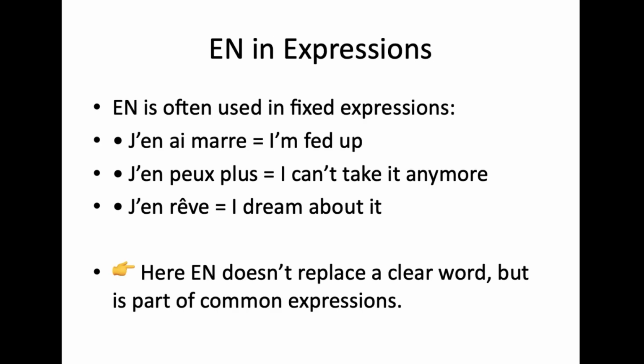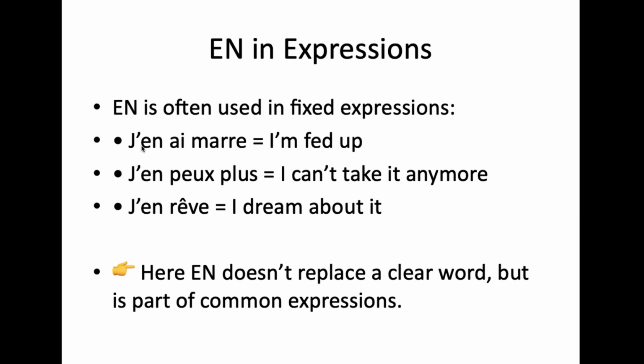So we also have to talk about en in expressions before finishing the lesson, because sometimes we have some expressions in French where we have to use en but we really don't know why. This kind of expression, what we call structure figée, means expressions that never change. "J'en ai marre": we have to use en but we don't know why in this case.